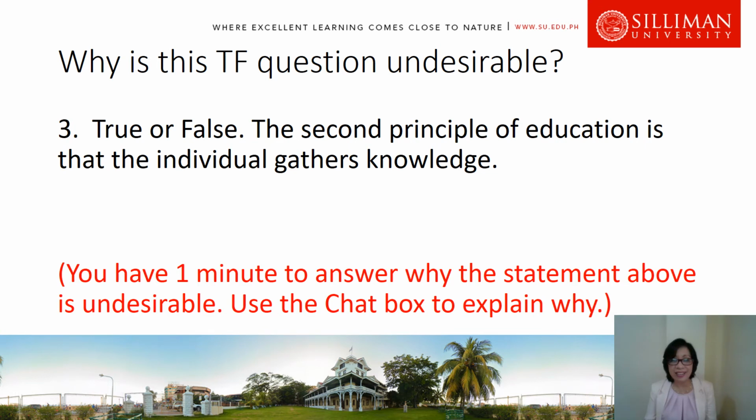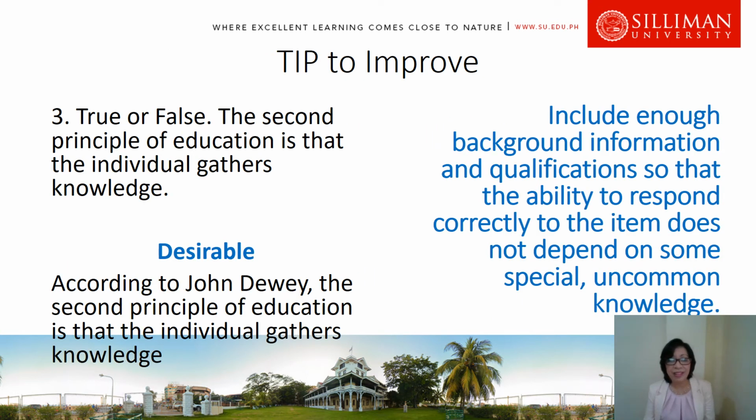Now let's see. How can we improve this statement that says the second principle of education is that the individual gathers knowledge? A more desirable one would be, according to John Dewey, the second principle of education is that the individual gathers knowledge.